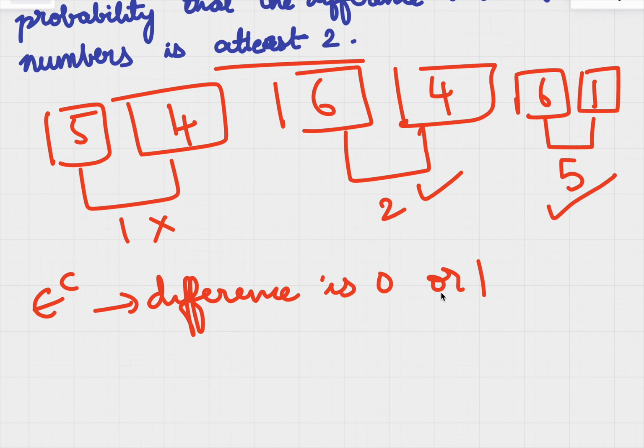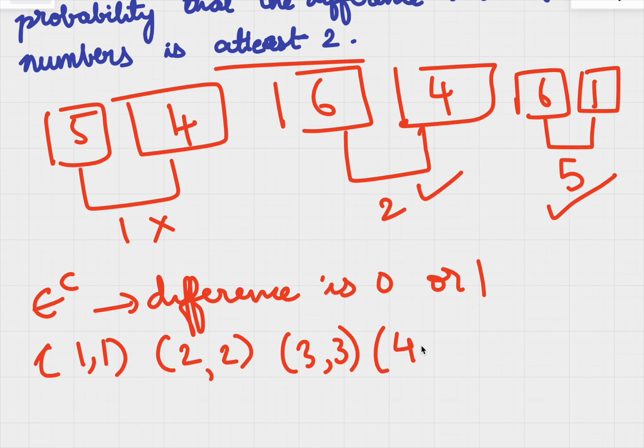So now what are the possibilities where the difference is 0 or 1? 1 comma 1, 2 comma 2, 3 comma 3. Here the difference is just 0. Here the difference is 0.